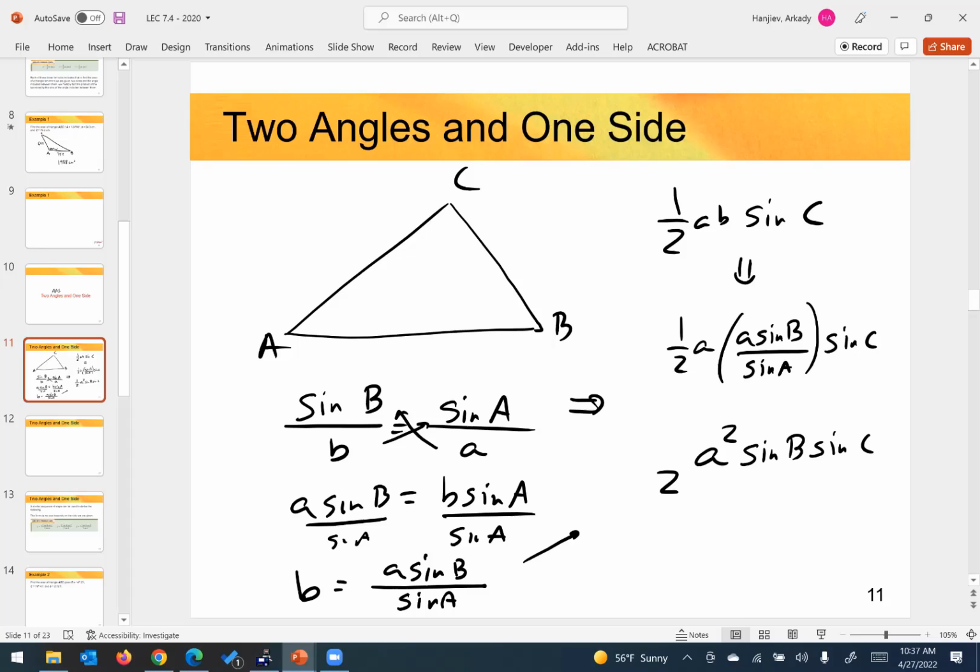Okay, let's get rid of all this and just write the bottom as 2 sine A. Are we good there? And then we should make this equal to, again, that capital A is the area of a triangle. A huge capital A.